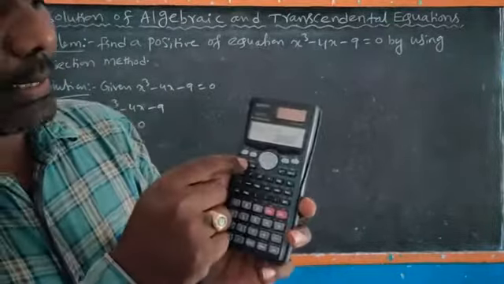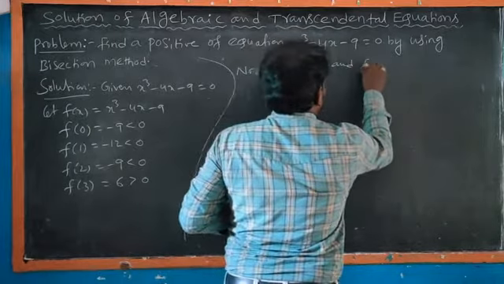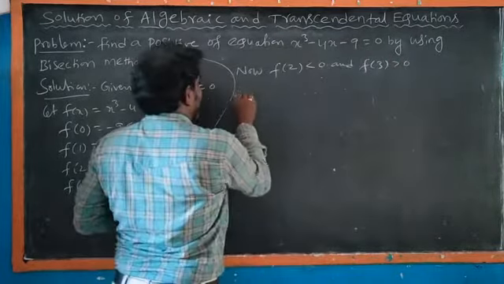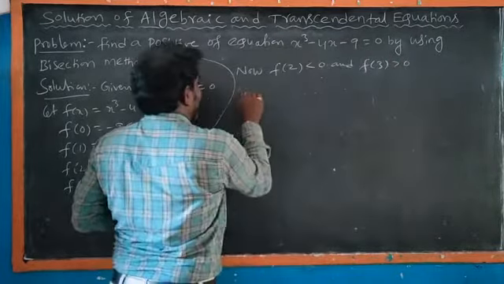Right. Now f of 2 is less than 0 and f of 3 is greater than 0. Therefore, a root lies between 2 and 3.